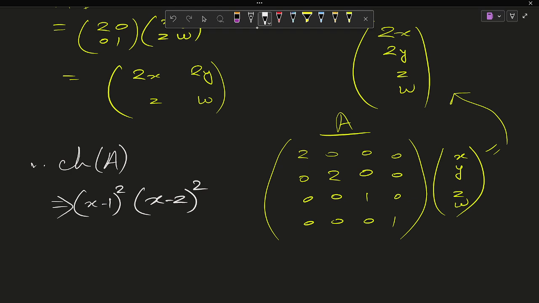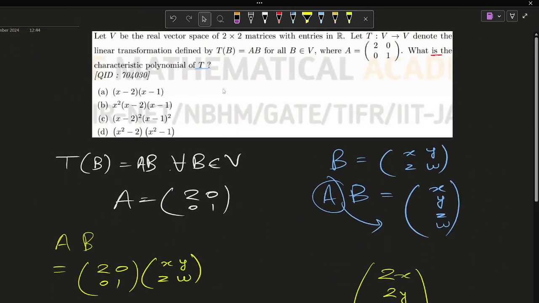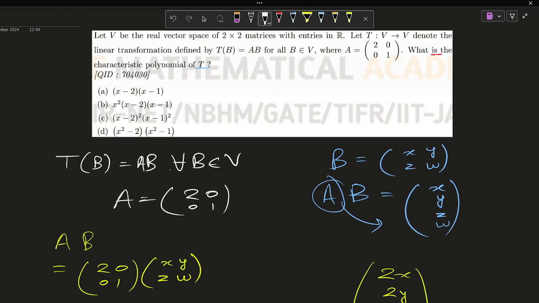As A is associated to the transformation T, that will be the characteristic polynomial of T also. So the correct answer of this question is (x minus 1) whole square into (x minus 2) whole square, which is our option C. This is the correct answer of the question.